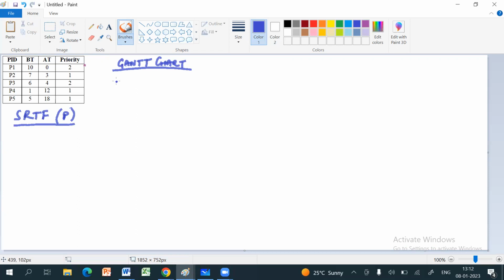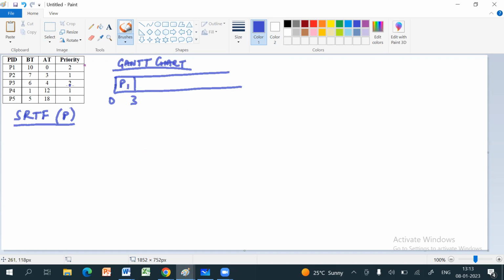For SRTF, again, the Gantt chart obviously starts at time 0, whether you like it or not. So at time 0, P1 is the only one which is available, so P1 will start initially. Now, P1 will temporarily be suspended or halted at time 3 because a new process has arrived at 3.